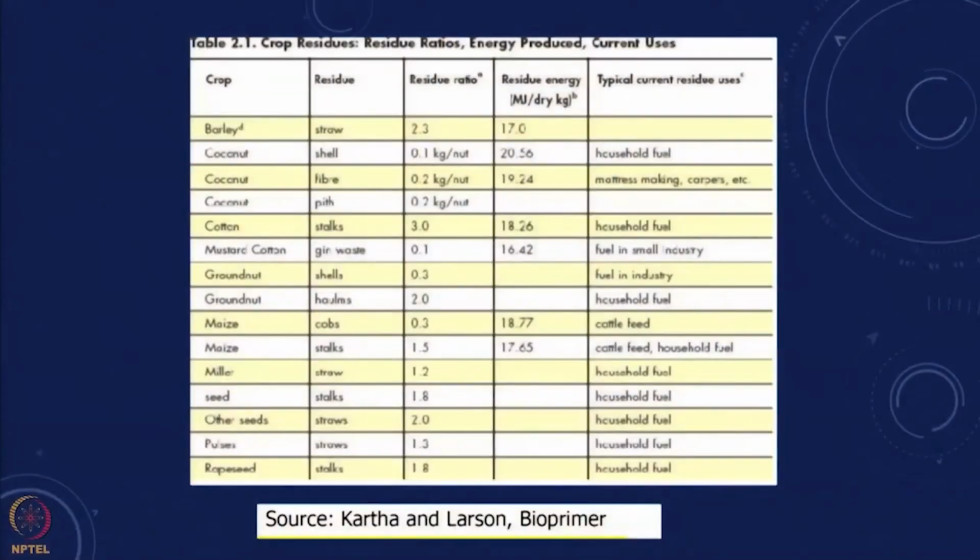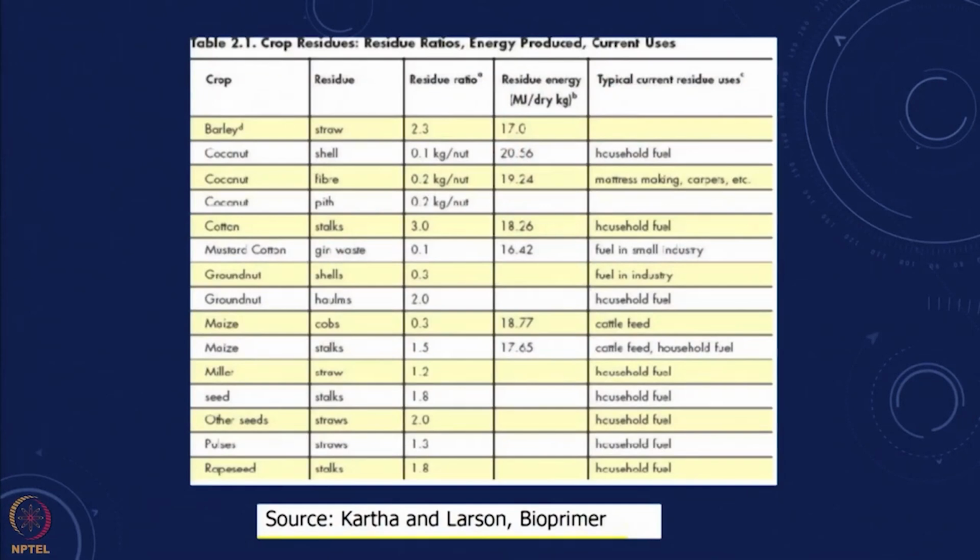When we do these calculations, we would need to look at, for instance, what is the wheat production and the rice production in different regions of the country or regions of the world. Based on the production, we can find out per ton of product how many tons of residues are produced.